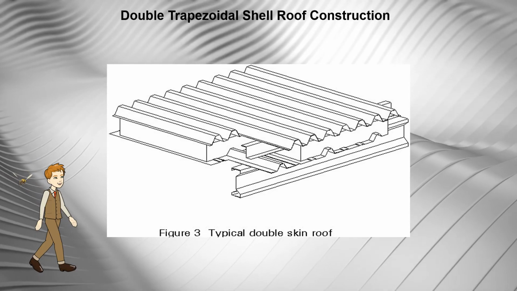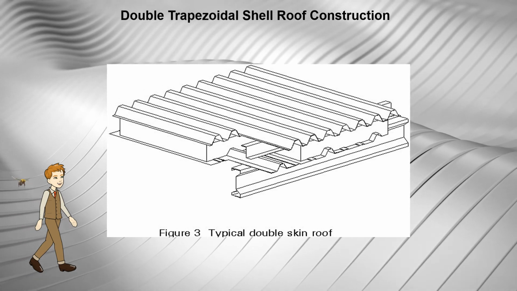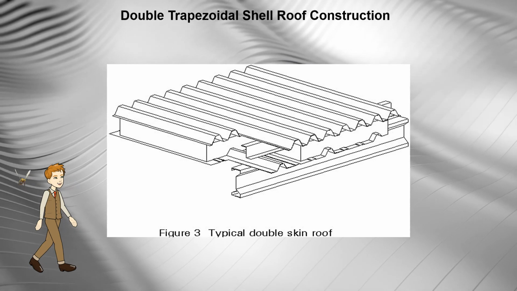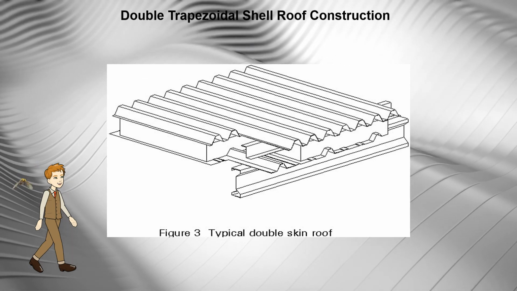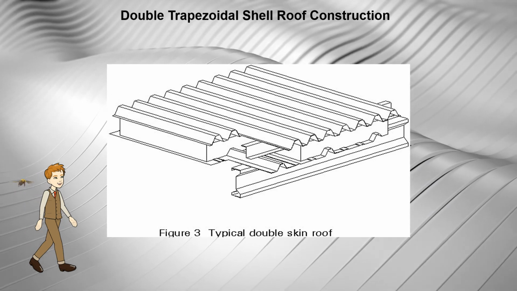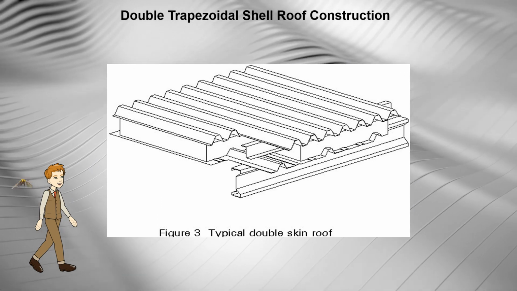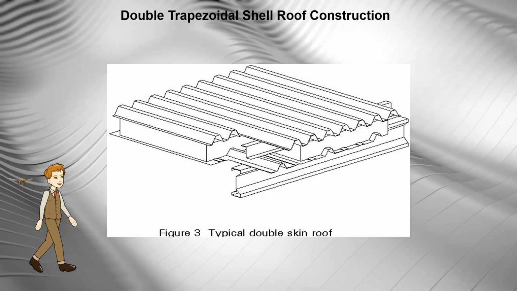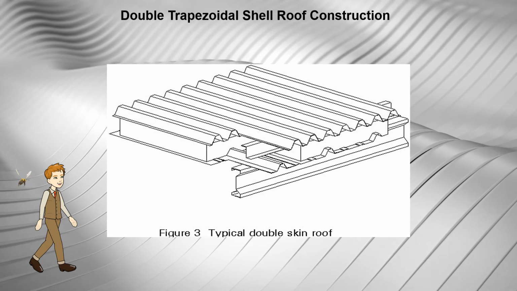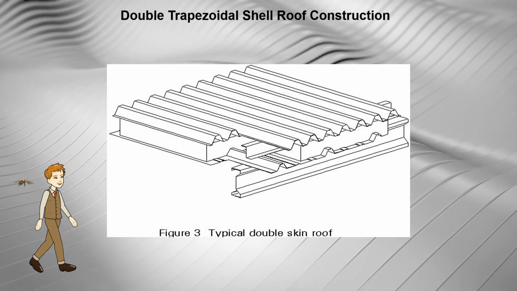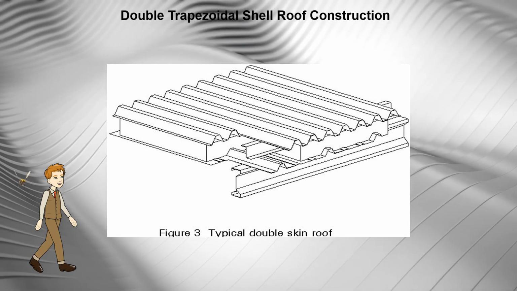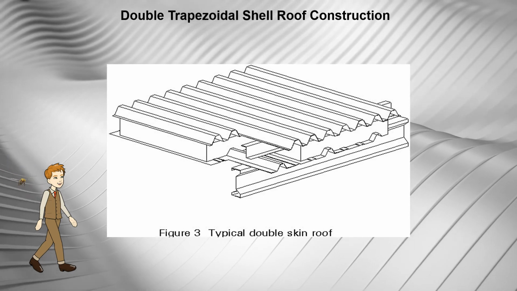Double trapezoidal sheet roof construction. This is the most common form of cladding both for walls and roof, with pitches down to approximately 5 degrees. It consists of a steel liner sheet fastened to the purlins or rails with an outer weather sheet held apart by Z spacers. The gap created contains insulation, normally of fiberglass or mineral fiber.